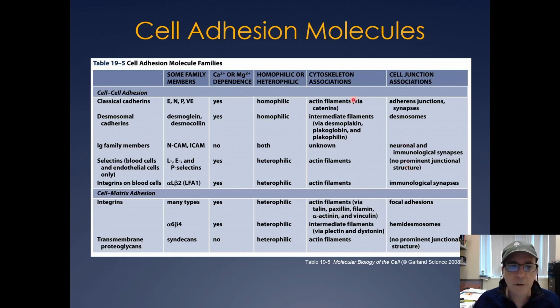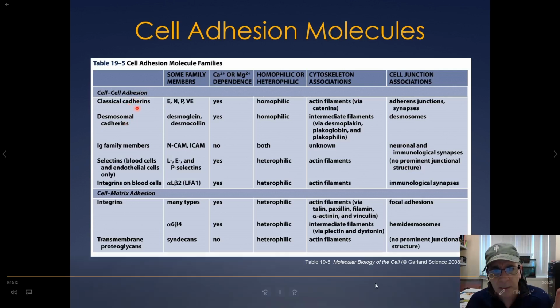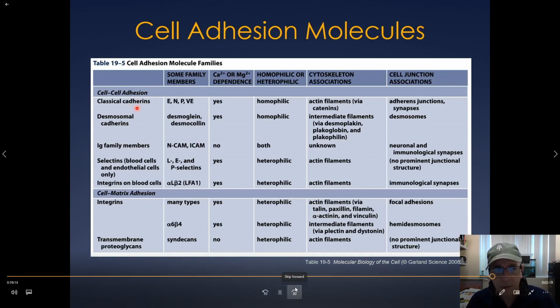Okay, so here's a big overview of some of the cell adhesion molecules, and for what I really want you to know, make sure you know the cadherins and how they function. I went over them in great detail, and know the difference between the adherens junctions and the desmosomes. You don't necessarily need to know all the players, but just know that the different junctions are there, and that's some of the big ones.